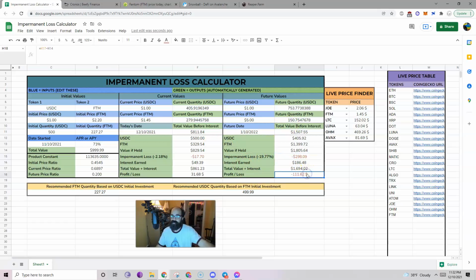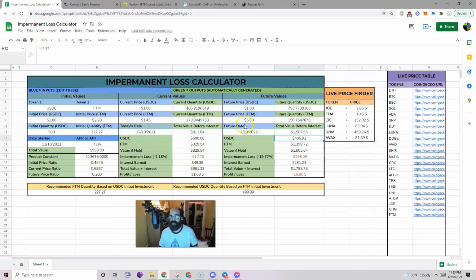So we actually ended up at a loss, even though we earned $186 of interest. But let's see if we held that, let's say the same prices, same $5, so we sort of peak at $5, but we waited another month or two, right? So we do 2. Okay, now we're getting closer, but you see it would still take a while to get back into the profit with interest.